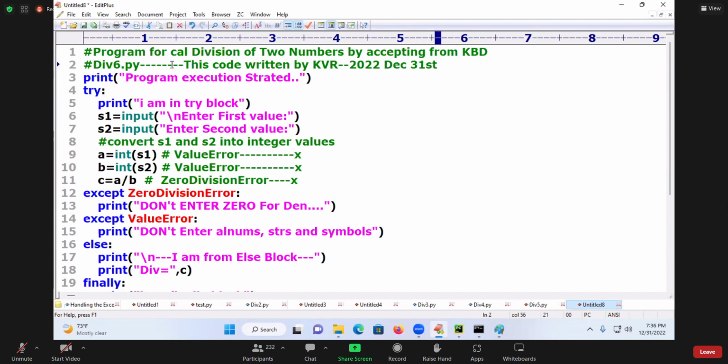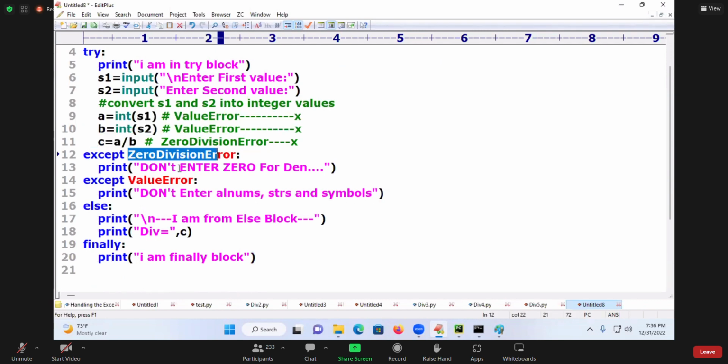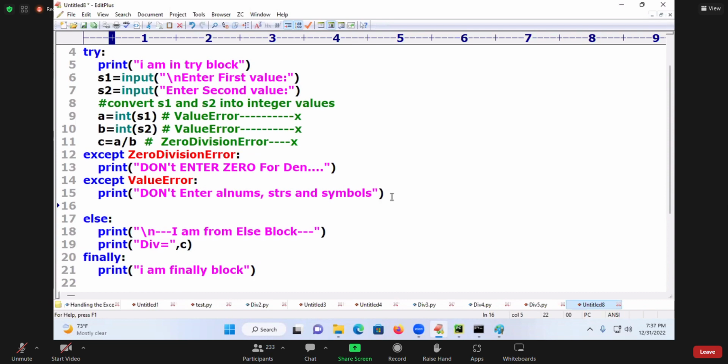See here, in 2022, I wrote this code. Carefully listen: 6.py. This code was written by KVR on December 31st, 2022. At that time what were my exceptions?